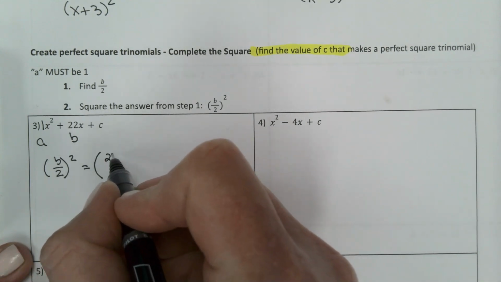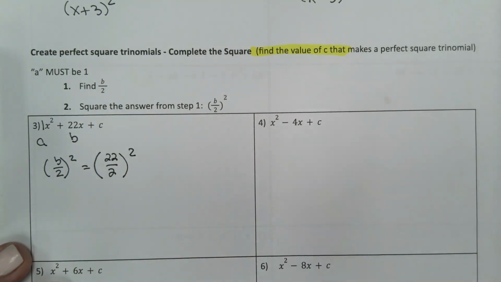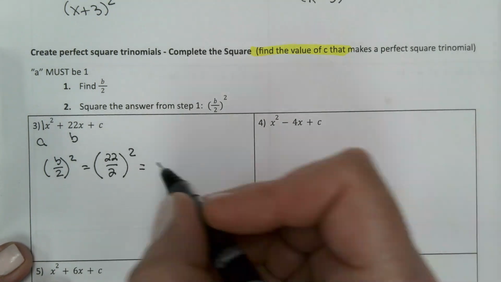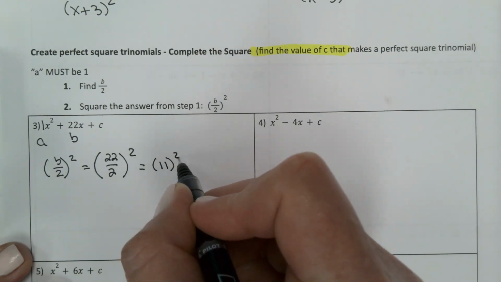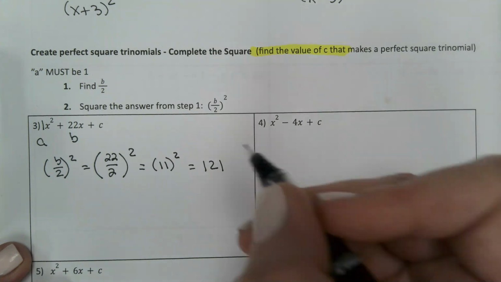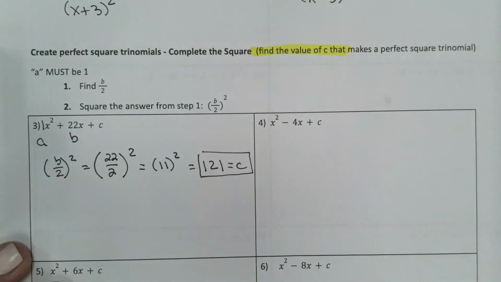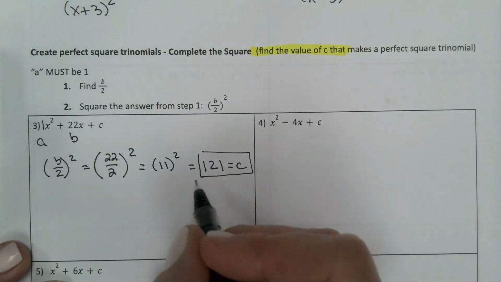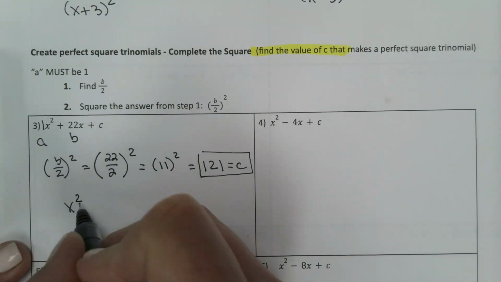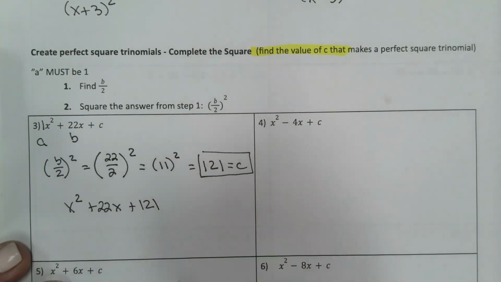So B is 22 divided by 2 squared. 22 divided by 2 is 11. And 11 squared is 121. That is the value that will complete the square. So if this read x squared plus 22x plus 121, we could factor it just like we did the prior two.